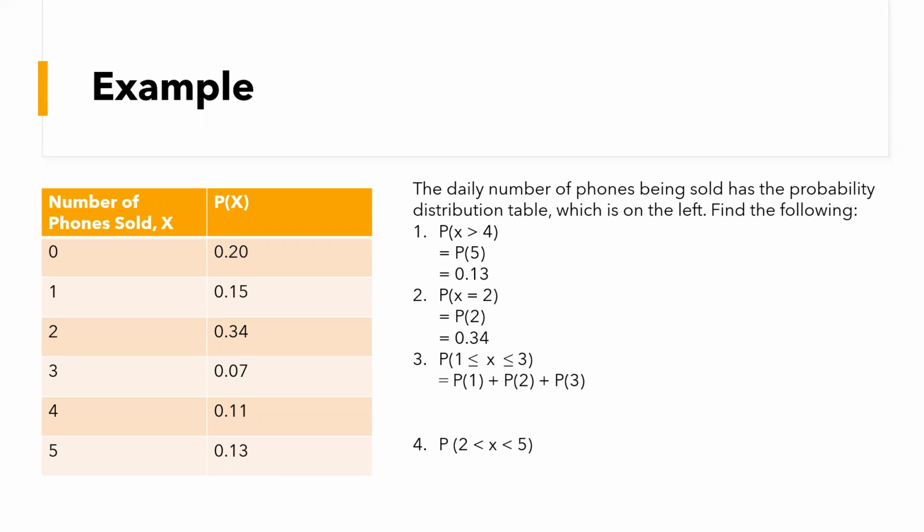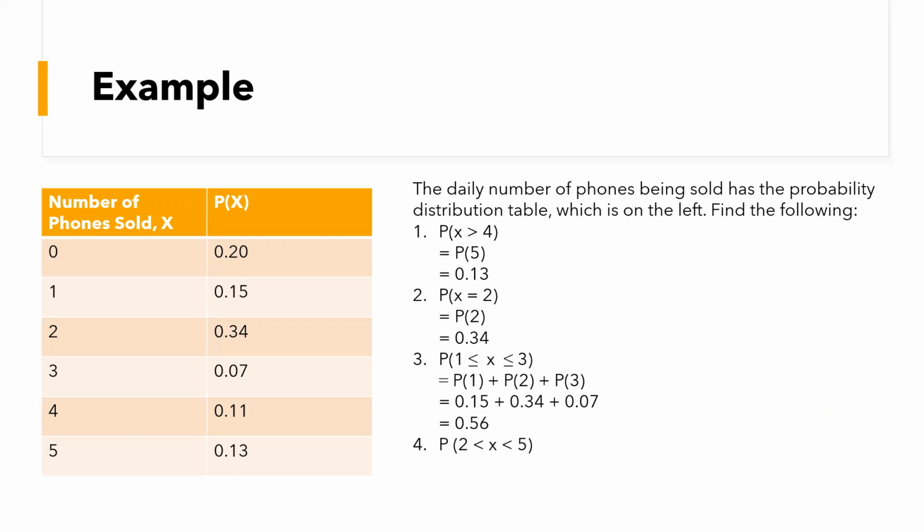Why? Because x can be equal to 1, x can be equal to 2, and x can be equal to 3. So we have to find the values corresponding to each number. 1 corresponds to 0.15, while 2 corresponds to 0.34, while 3 corresponds to 0.7. So, tada, then we find the sum of each, which is 0.56.